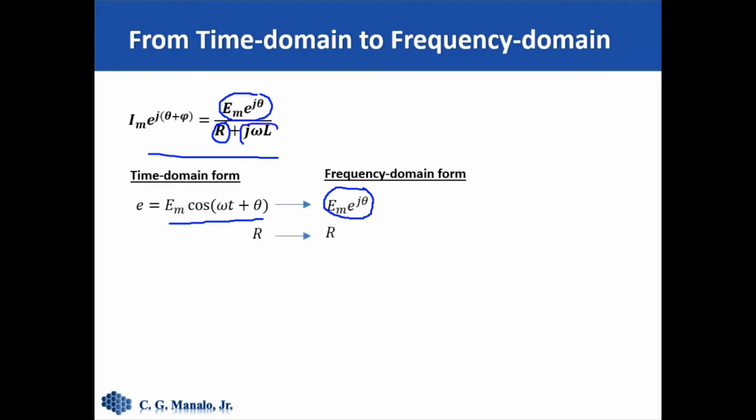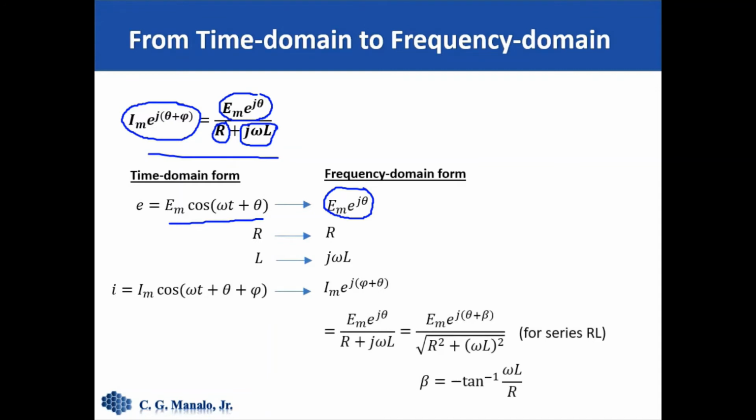This one is the frequency domain equivalent of our inductor L in our circuit. And lastly, this expression here is the frequency domain equivalent of our steady state response, which we know to be equals to this based on what we have done on our previous slides.